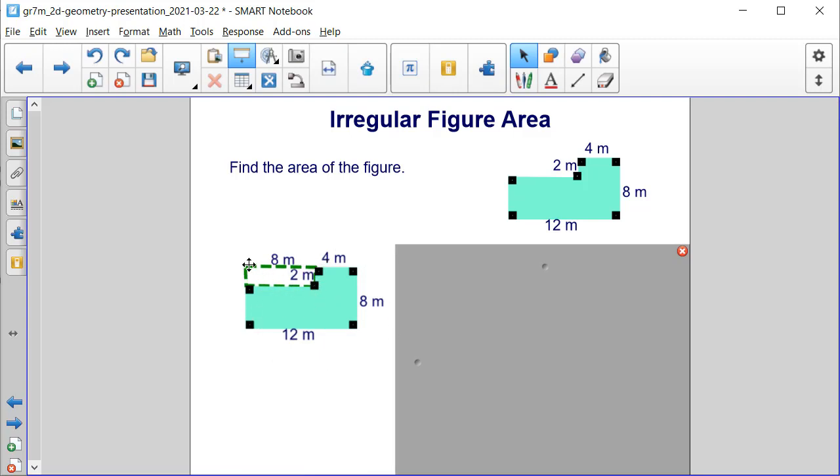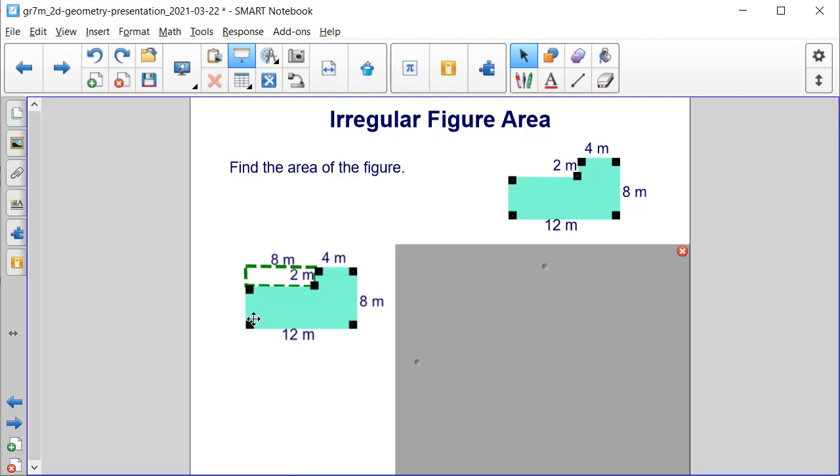And then we know that this section of this new rectangle that we drew in, since the whole length is 12 and between these 2 points is 4, we know that the remaining length will be 8. And then we already know that its width is 2.